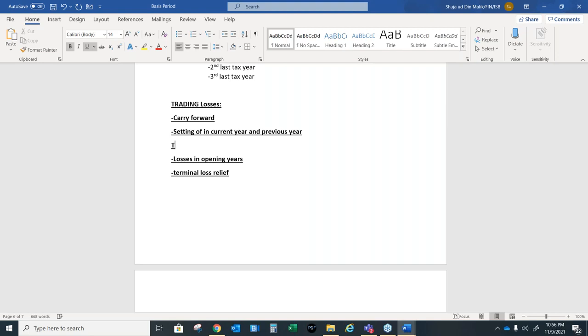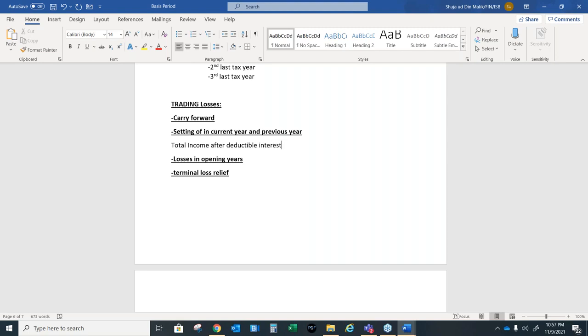Now I go to setting off in the current year and previous year. In this case, we are setting it off against total income after deductible interest.